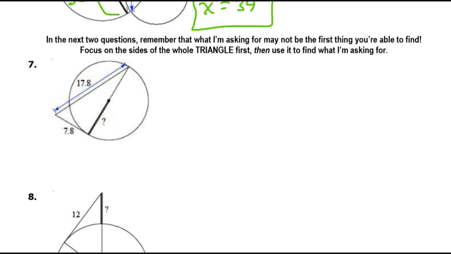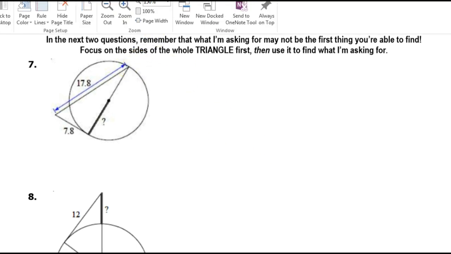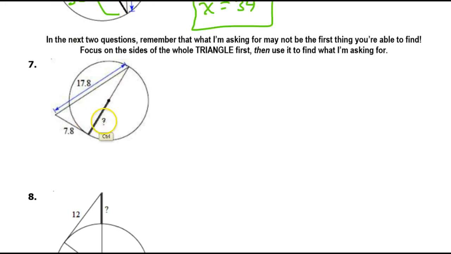Okay. For this next one, we need to find out what this is right here. So I need to be careful because this x right here is not a side of the triangle.